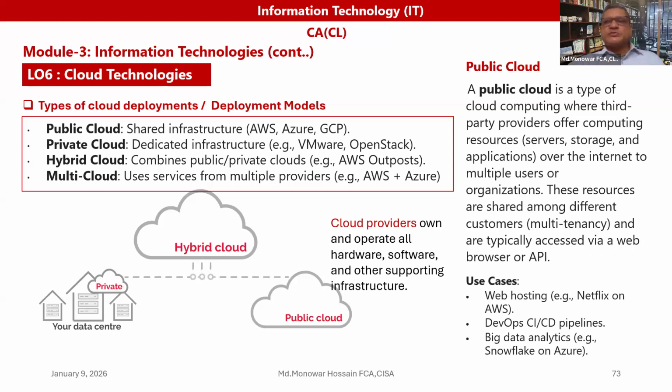It is very popular at this moment because these resources are shared among different customers, multi-tenancy, and are typically accessed via web browser or API. So here, cloud computing has different types: private, public, hybrid, multi-cloud, etc. The cloud provider owns all the operational items, for example hardware, software, supporting infrastructure.